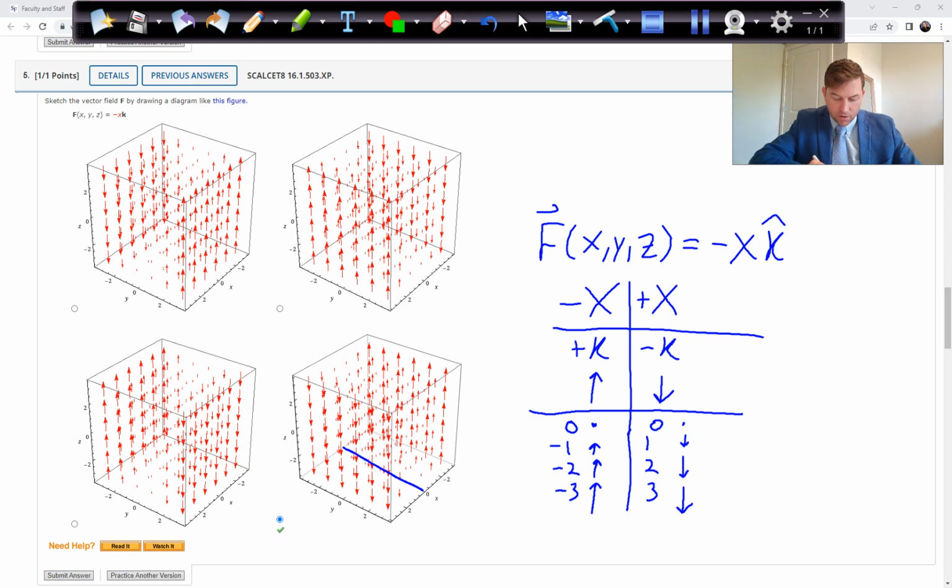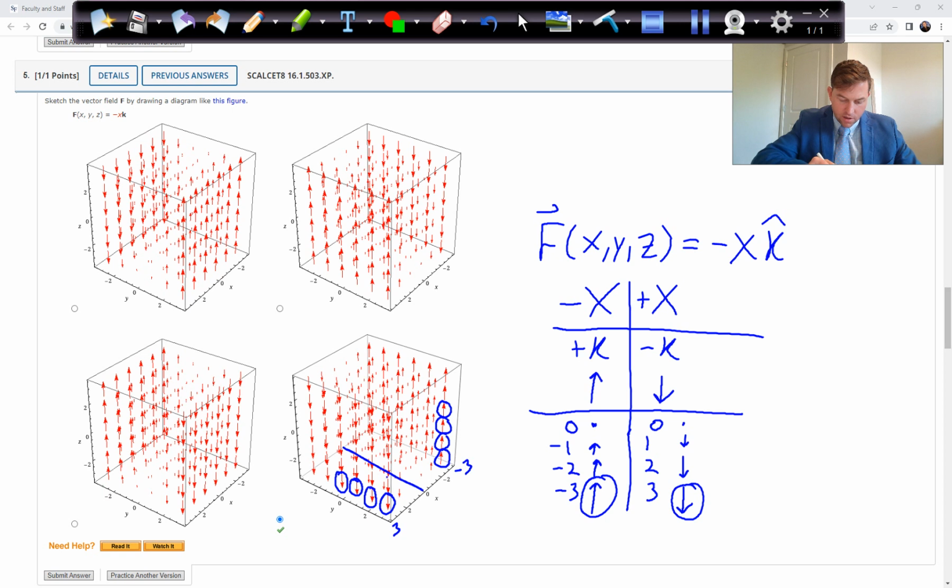Then as we get closer to positive 3, they look like this arrow here. Then as we get closer to minus 3, which is over here, the arrows should point up, and they should be approximately the length I drew there. And that's what we have.